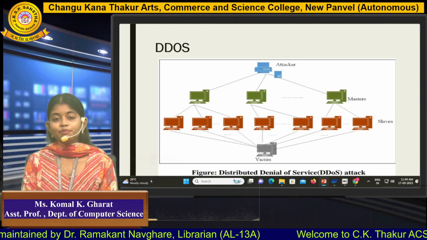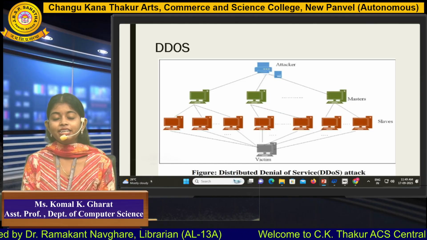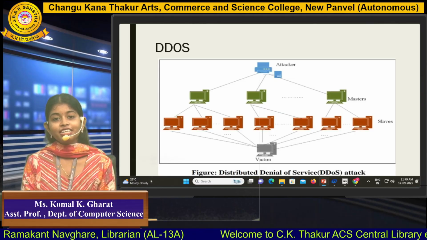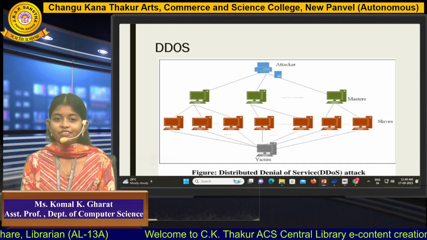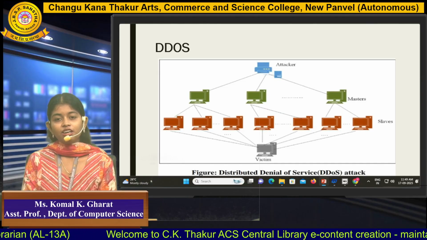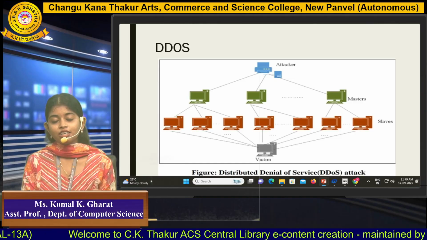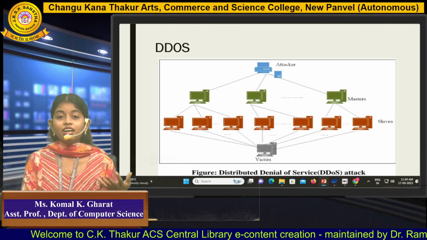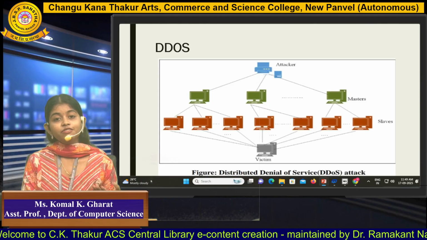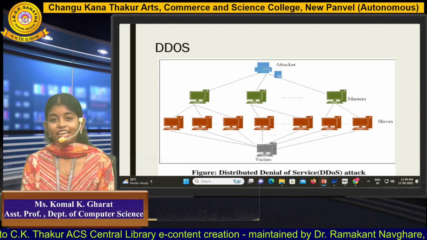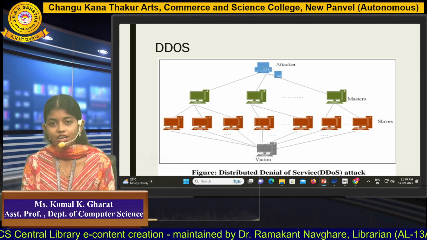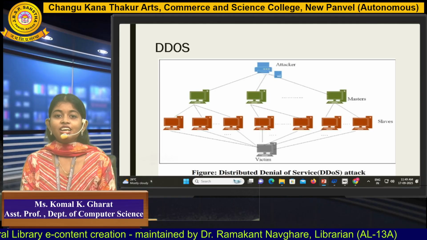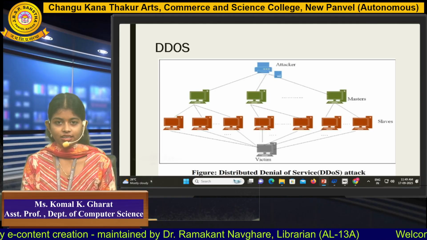Now this master system sends multiple requests to the victim computer as shown in the diagram, and the victim computer is not able to process requests from genuine users, because these slave systems engage the victim server with fake requests, which are handled by the attacker.